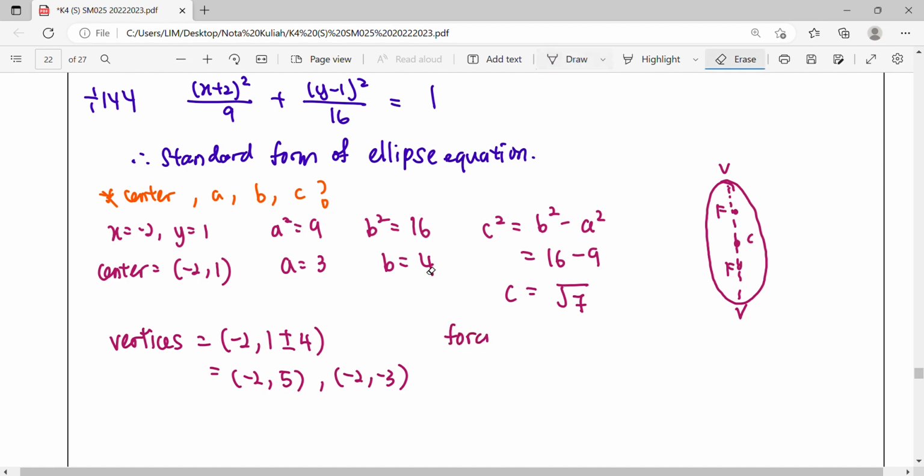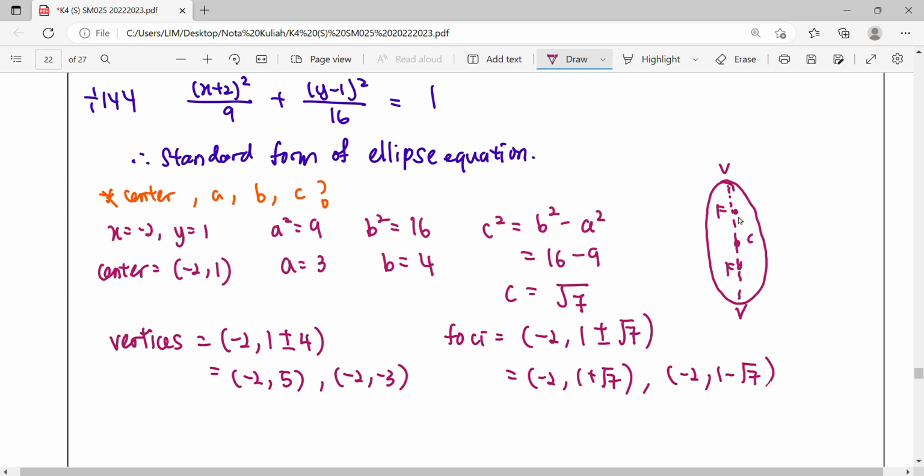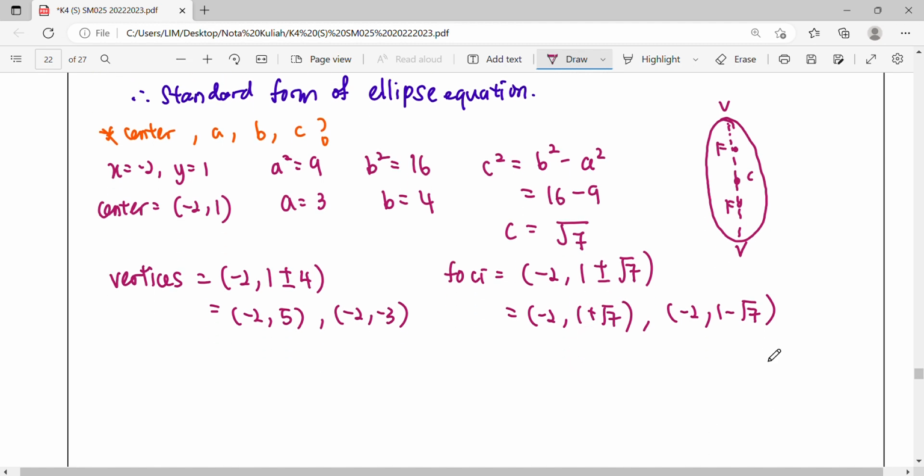For the foci, negative 2, the y coordinate plus minus c. So this distance is c, square root of 7. So therefore, this is our foci. Lastly, we draw it.